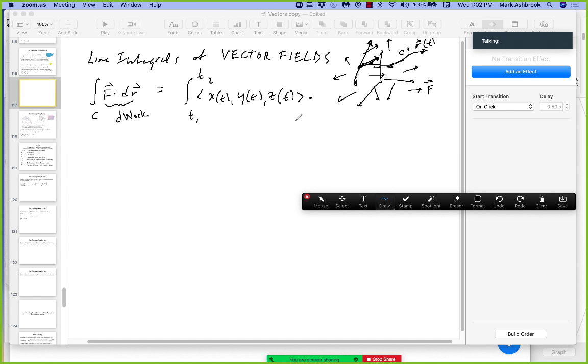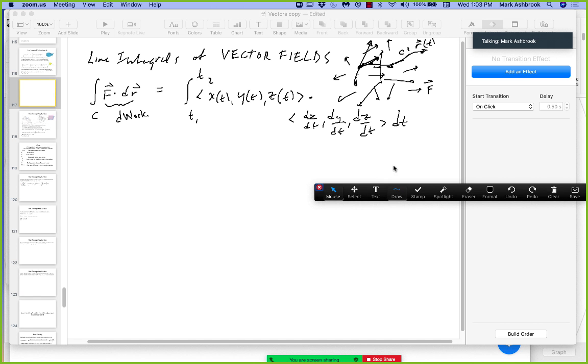And then the dr vector is what? dx dt, dy dt, or x prime, y prime, z prime, dt. So that's review. That's our line integral of vector fields.